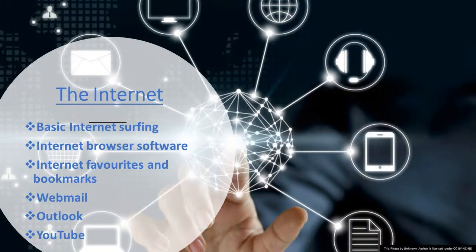The internet is a collection of different web pages. You can have something called favorites, so you don't have to keep typing in the name, for instance www.google.com, all the time. You can click on the favorite and you will get to that, and that's your bookmarks.